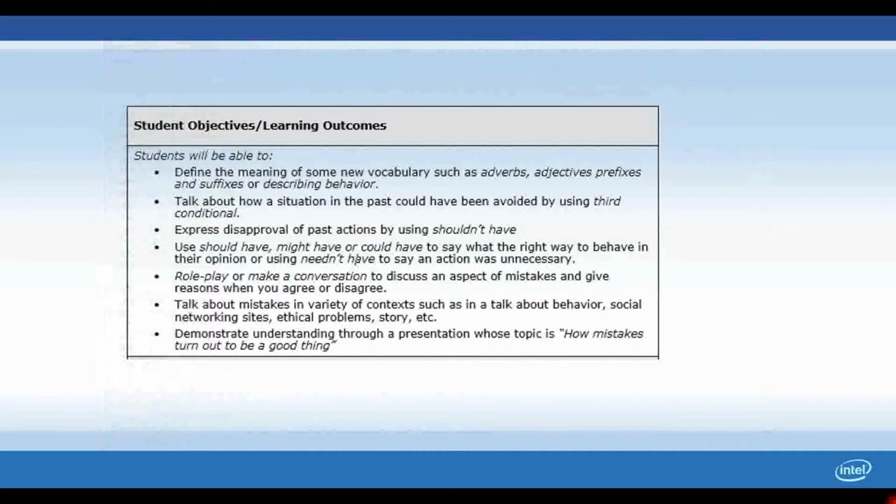Talk about mistakes in a variety of contexts such as behavior, social networking sites, ethical problems, and stories. Demonstrate understanding through a presentation whose topic is how mistakes turn out to be a good thing.